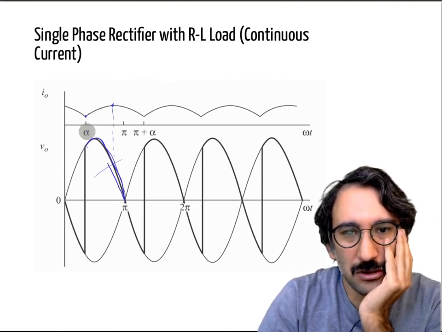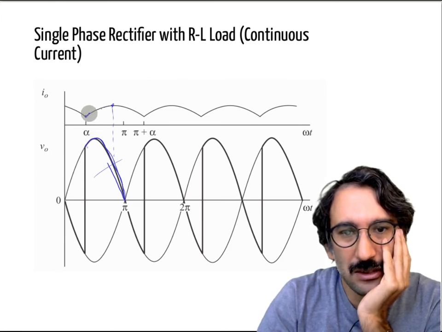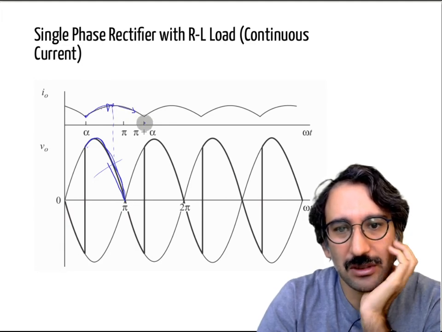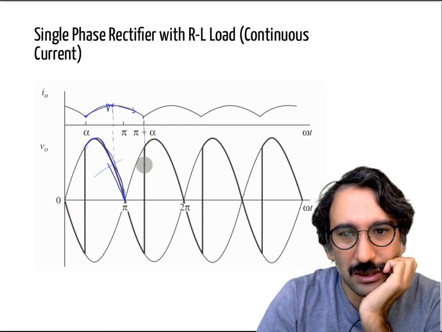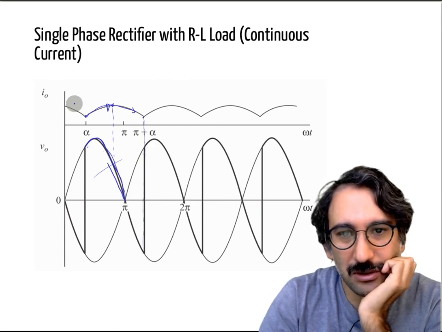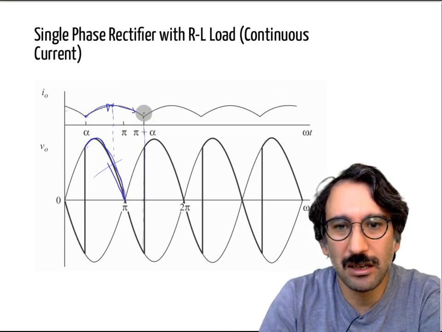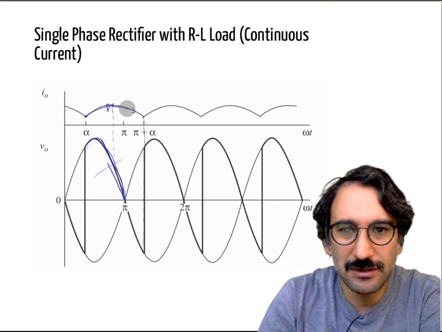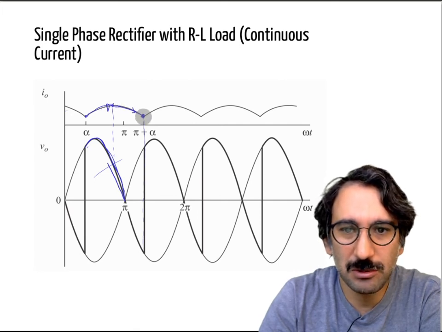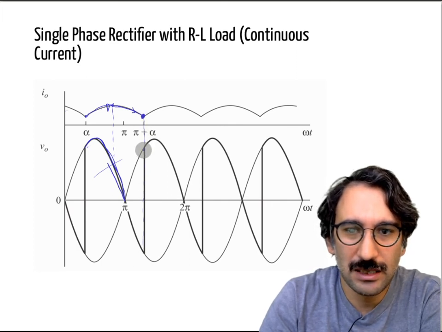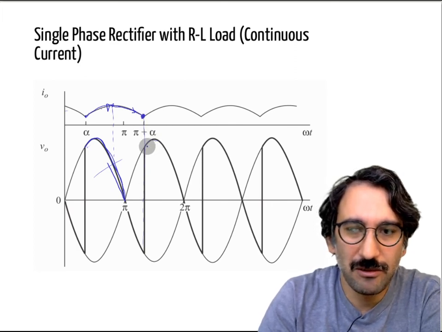But anyway, at first you have a large voltage and you are increasing your current, and in the second loop then you are reducing, okay, but actually your current doesn't need to reach zero. Remember, if it were an ideal current source, this would be a horizontal line, but now we have some ripples and now it is reducing. But let's assume, we will talk about the other case, but let's assume now it didn't reach zero, right? So now I can fire the next pair, then it will start all over again.